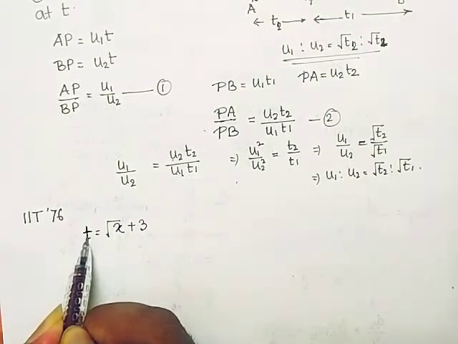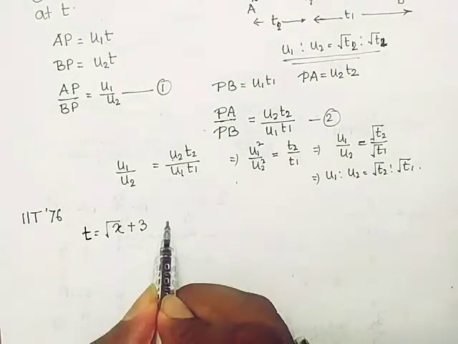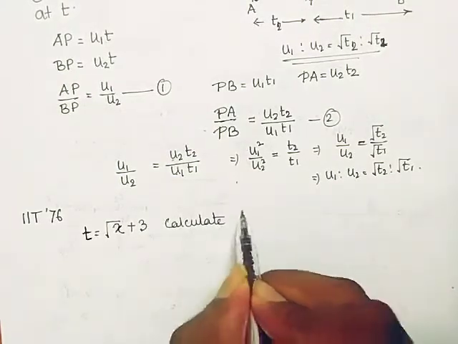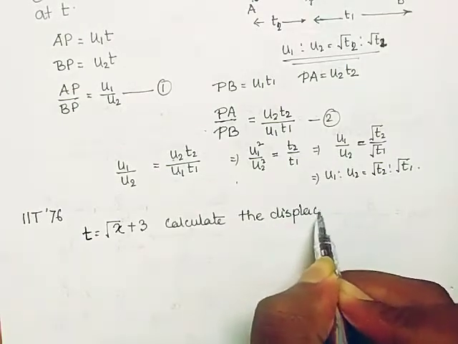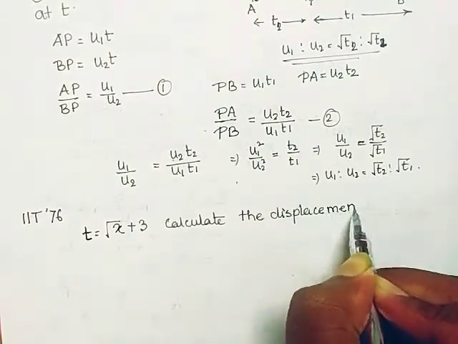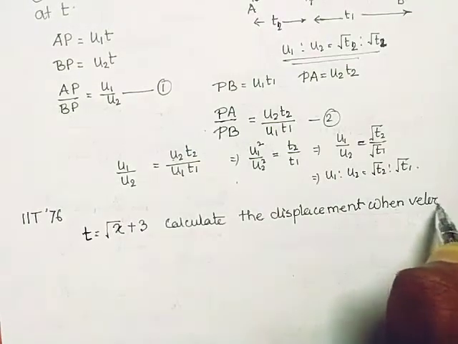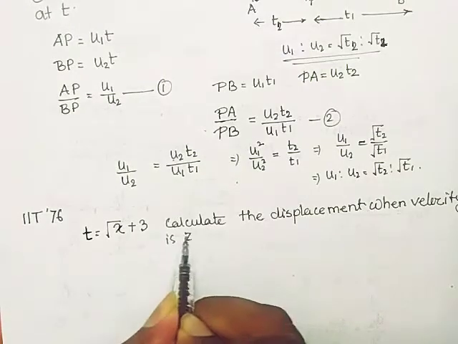This is the equation of motion of the particle performing the one dimensional motion. You have to calculate the displacement when the velocity is 0.